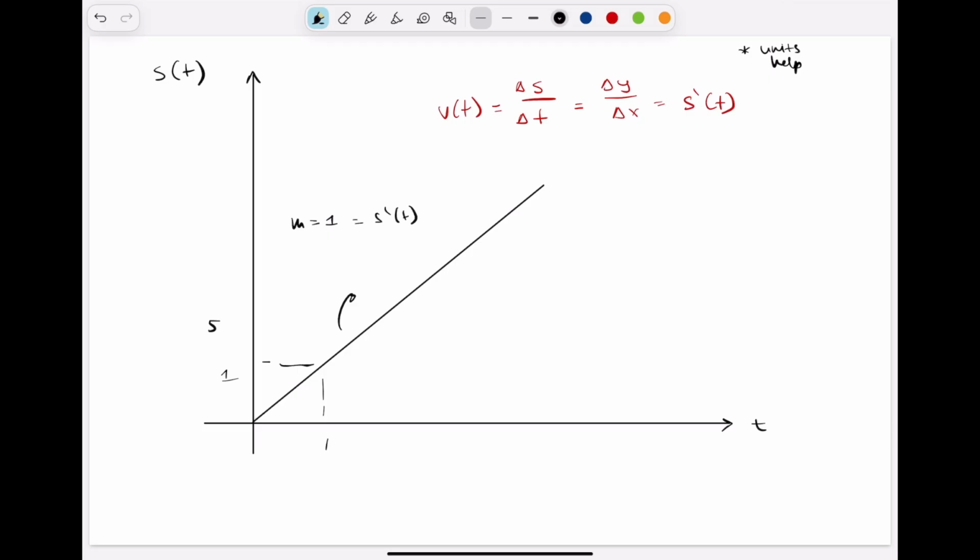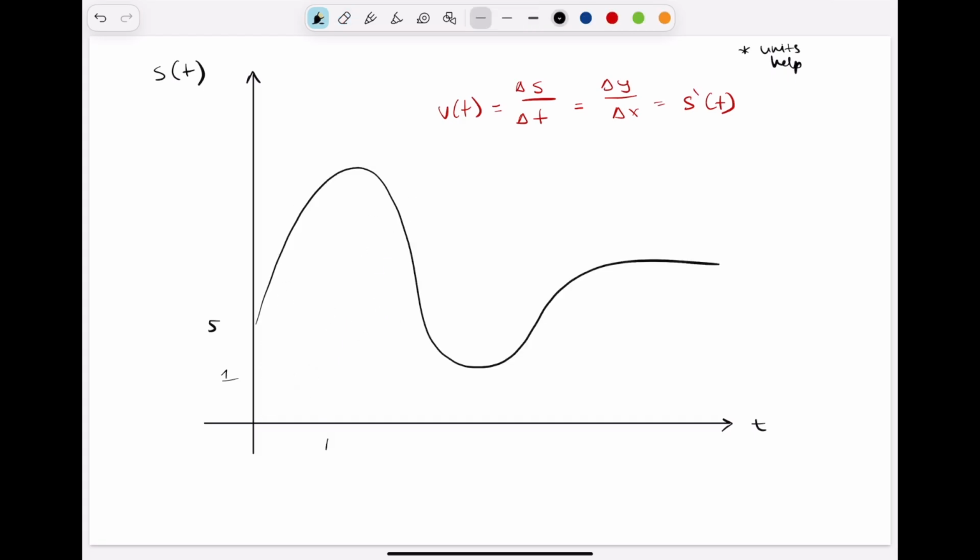Well, then our velocity is also equal to 1, because each second we are increasing our displacement by 1 meter, meaning that our speed is a meter per second. And this is again reflected by the derivative, which is equal to our velocity. And let's look at one final example where we have some more complicated motion.